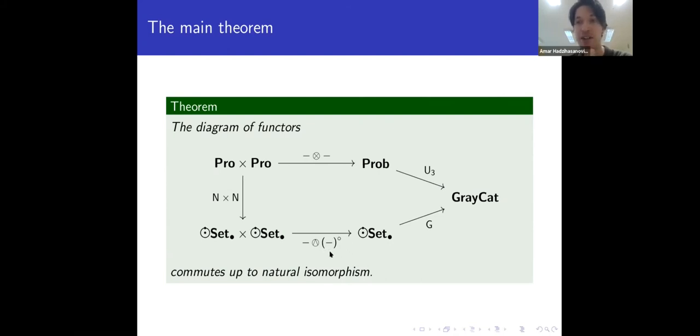On the second factor, we actually have to reverse the direction of all cells before taking this mesh product. But still it is a mesh product. So we get this mesh product, and then we have this functor which goes from diagrammatic sets to gray categories, and these two paths commute up to natural isomorphism.